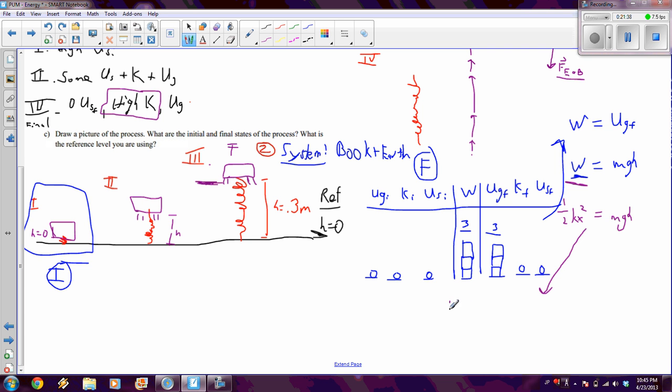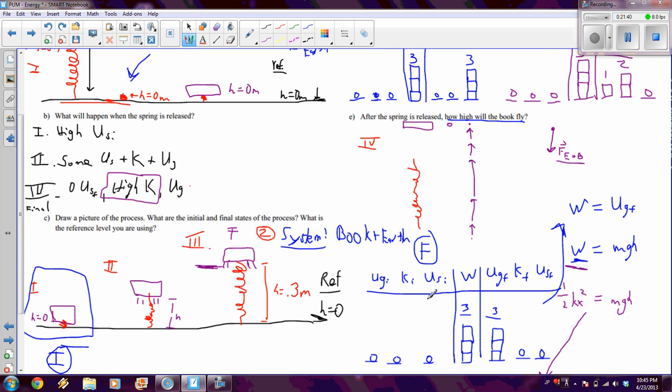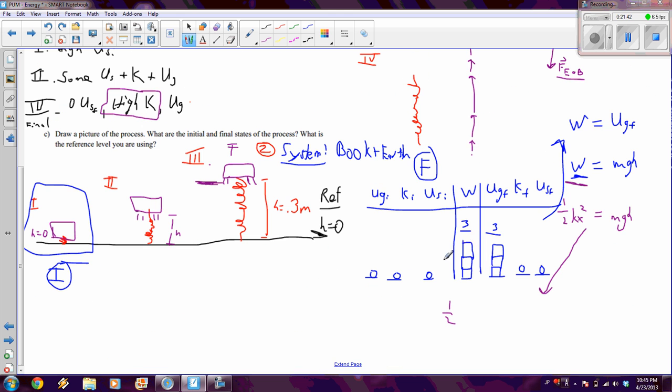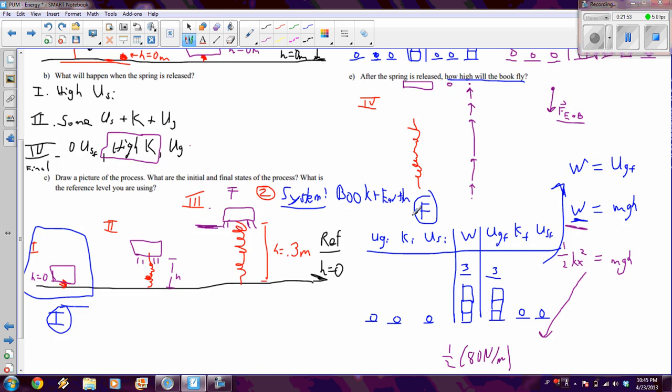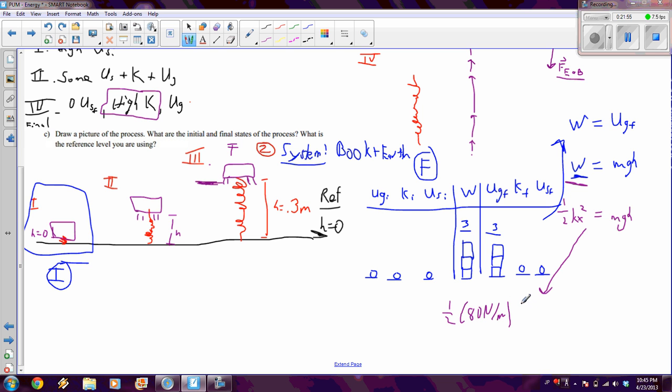So we have 1/2. We have k is 80 newtons per meter. We have it being compressed 0.3 meters, so the change in x is 0.3 meters, and that's squared.